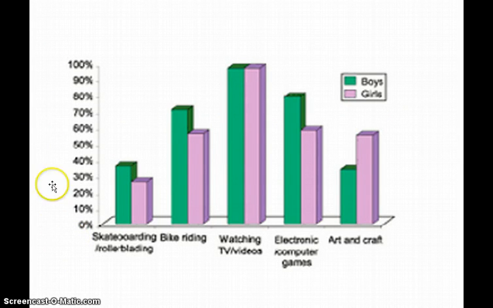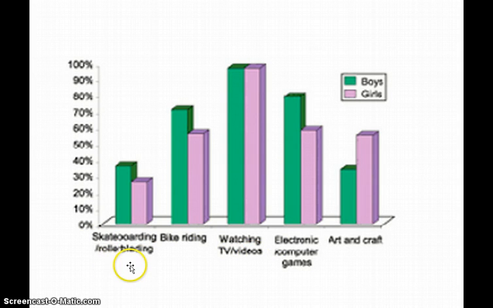Looking at the chart, we can see that it has 2 axes. On this axis we've got percent, so it goes from 0 to 100%, and this tells us that this is the rate of participation, so how often children take part in different activities. On this axis we have the names of the different activities.